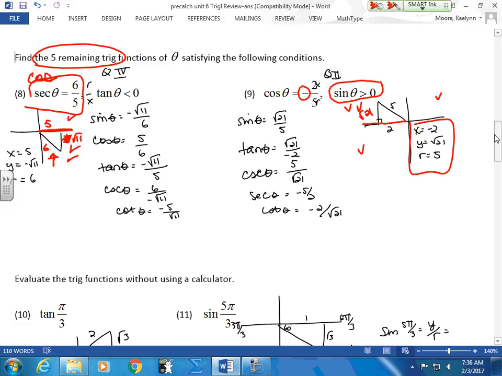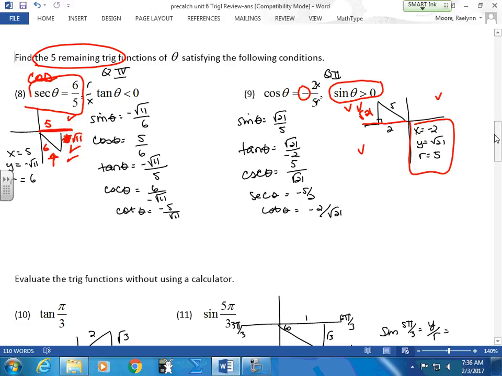This is a typical one you're going to see. Isn't it easier without rationalizing the denominator? Then you can just flip that thing over and you're done. Questions on these at all? No?